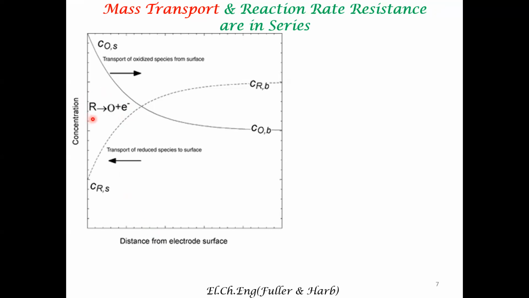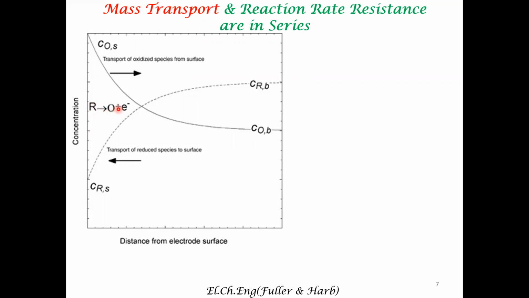There is a reduced species which gets converted to an oxidized species. R and O refer to a reduced species and an oxidized species. When you add an electron to the oxidized species, you get the reduced species and the other way around.